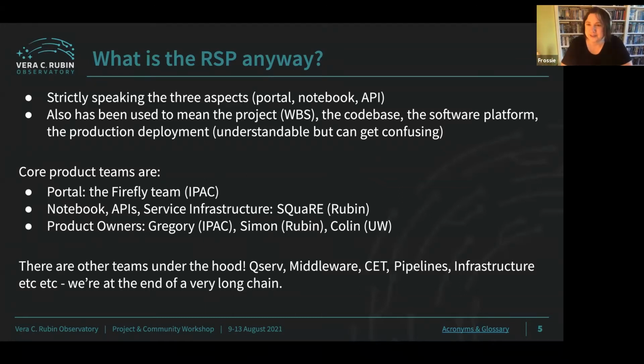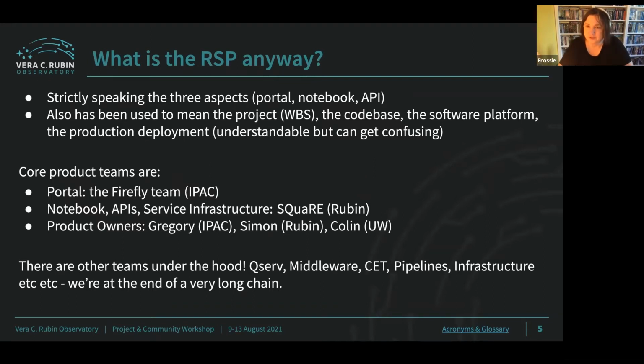Of the core products, the 3 aspects, there are 2 teams that have provided them. One of them is the Firefly team based at IPAC, and I'm not sure whether we have anybody from that team here. If they are, please say something so you can pop to the top of the Zoom list. The Firefly team at IPAC is supporting Firefly in many other contexts, particularly the RSA archive.